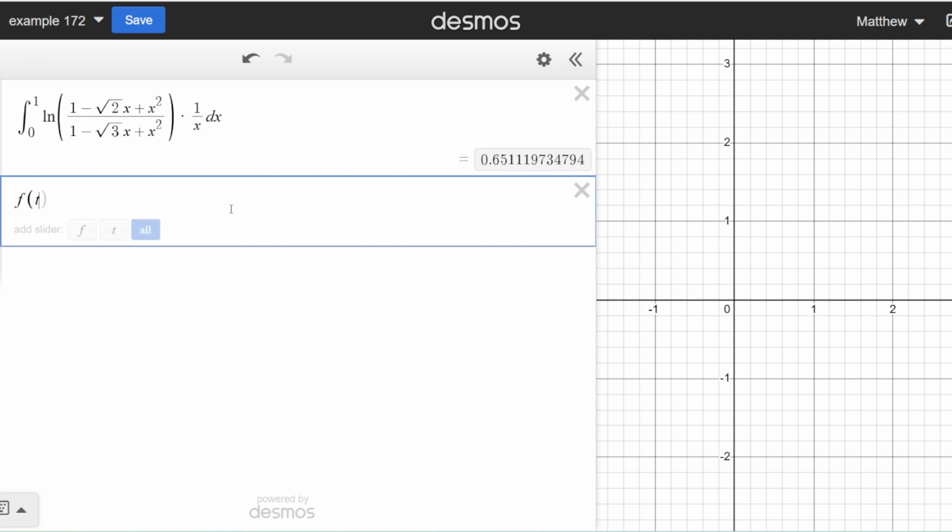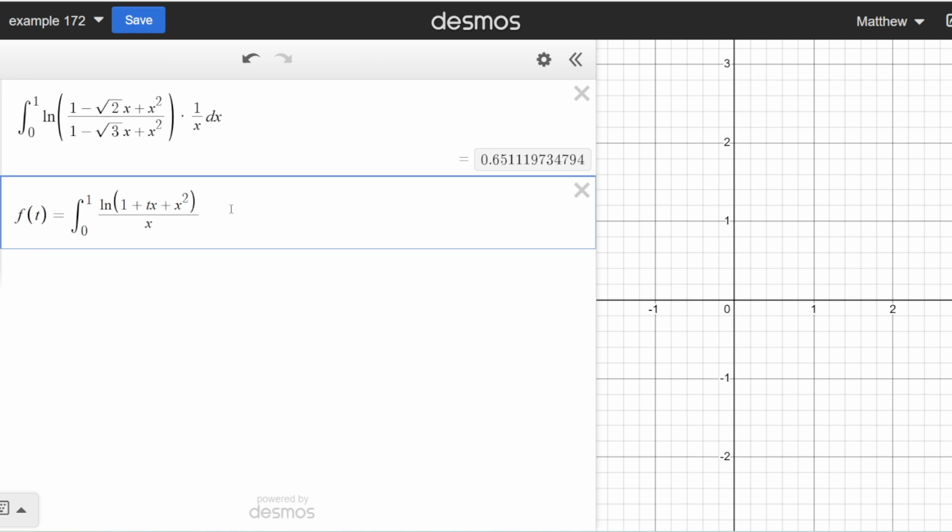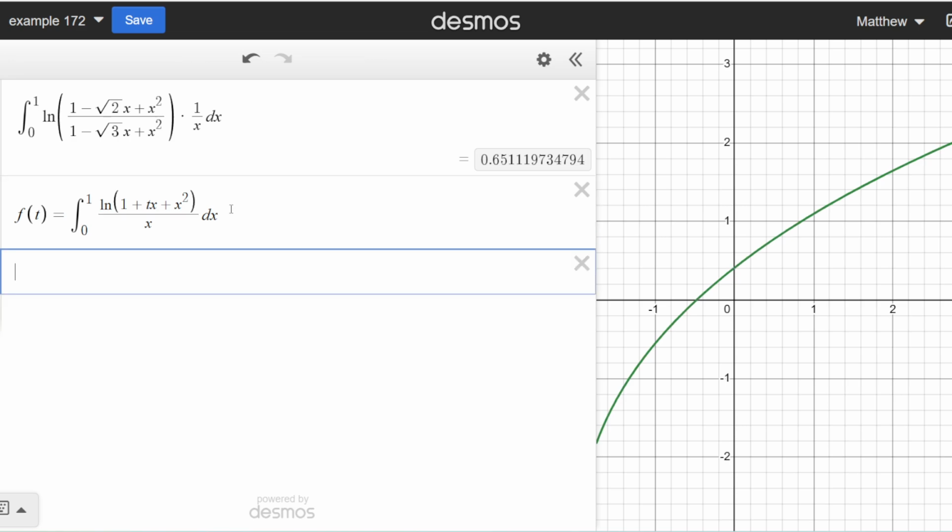So right away, let's let f of t equal the integral from 0 to 1 of the natural log of 1 plus tx plus x squared over x dx. And then we will note, well, what's f of 0?